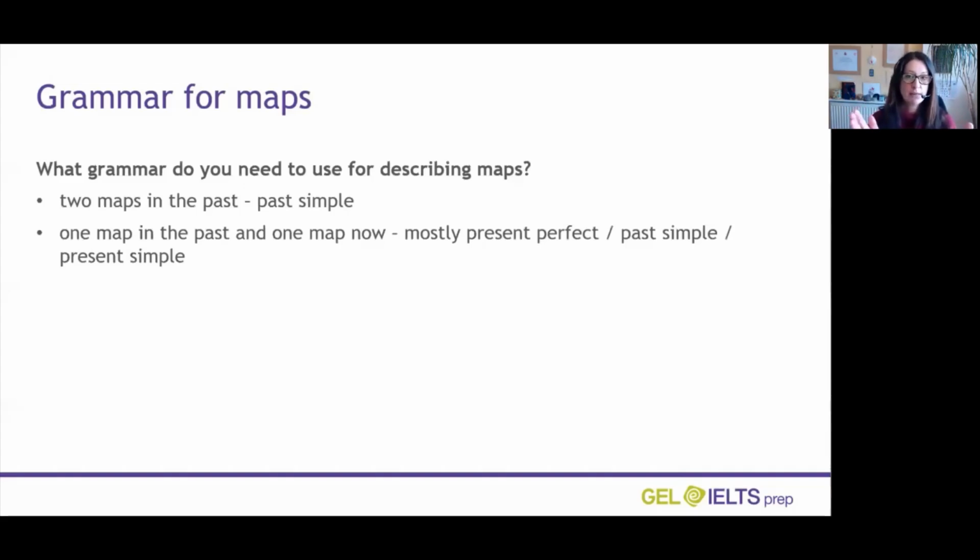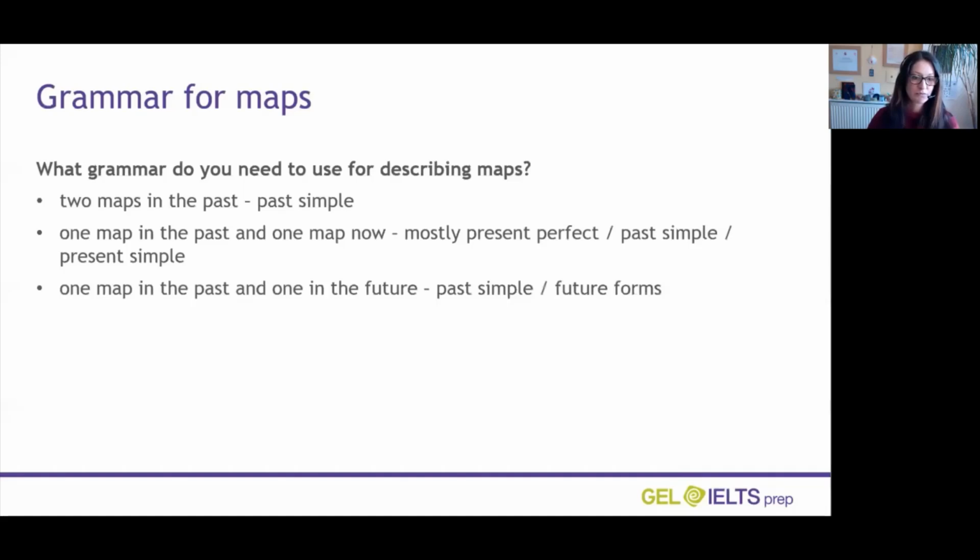So we're thinking about what happened in the past, but we're also thinking about changes over time from then until now. So we're going to be using present perfect to talk about the changes between then and now. We're going to be using past simple to talk about the situation in the past, and present simple to talk about the situation now. We have lots of different grammatical possibilities in this instance.